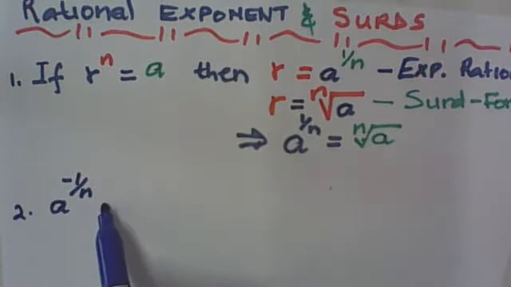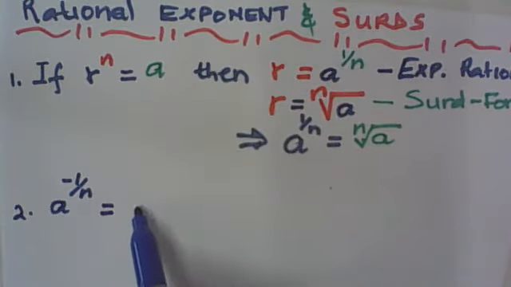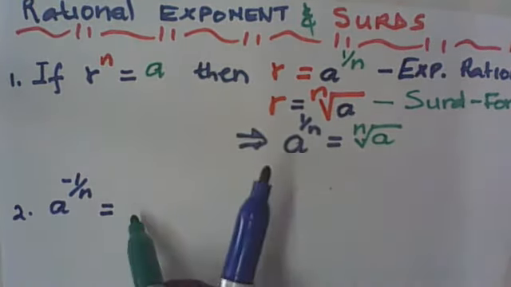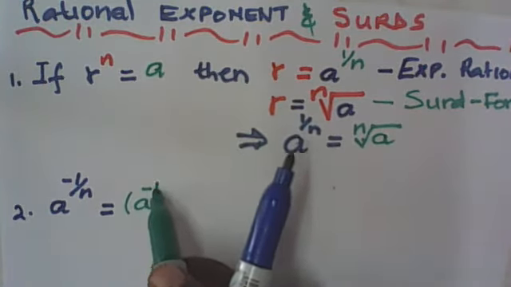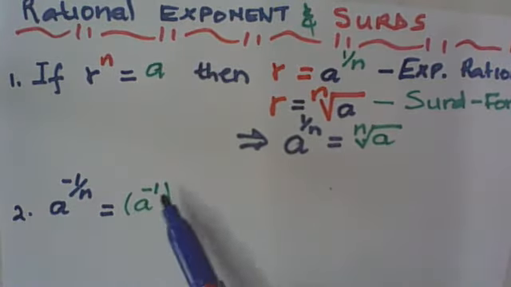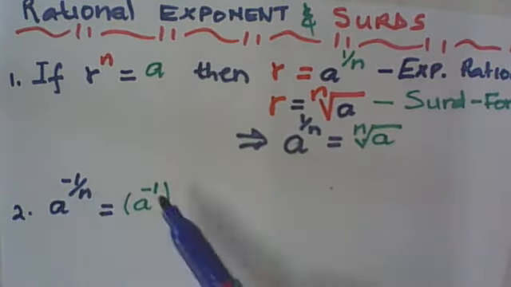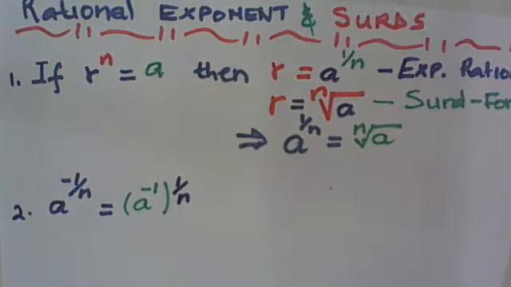What do we know? We know that this is the same as a to the power negative 1, in brackets, then to the power 1 over n.